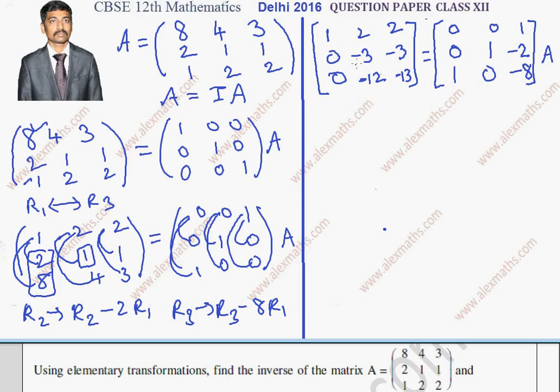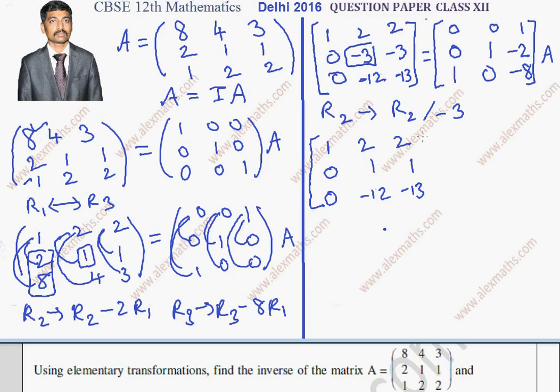Now after making this, I have to make 1 for this element. For this, I can divide the entire row 2 by minus 3. So again, first row as it is, then this is 0, 1, 1, then this is 0, minus 12, minus 13, then 0, 0, 1, 0, minus 1 by 3 and 2 by 3.